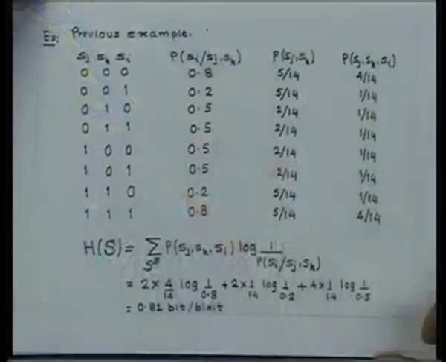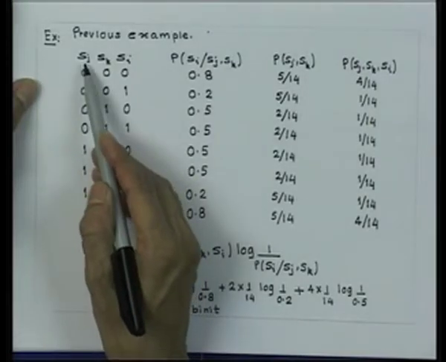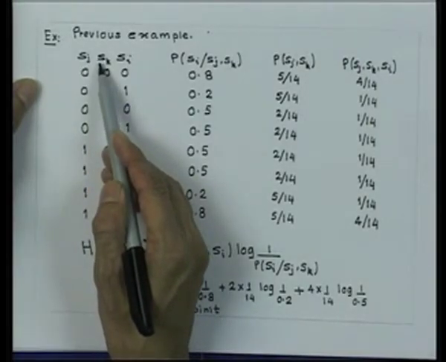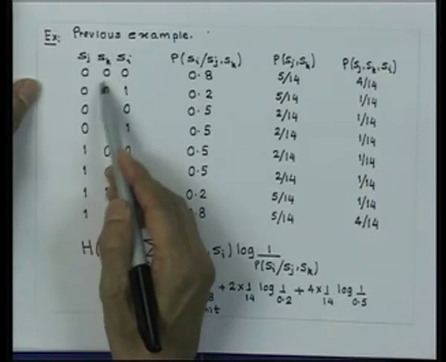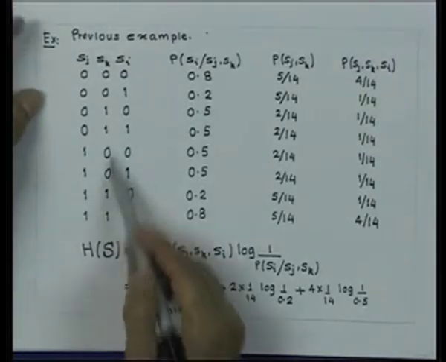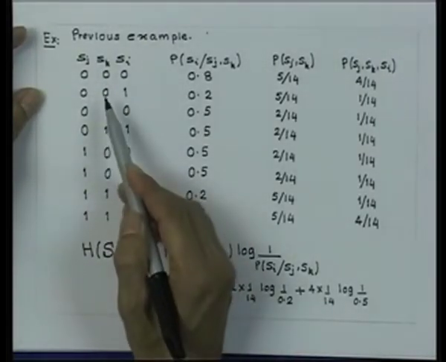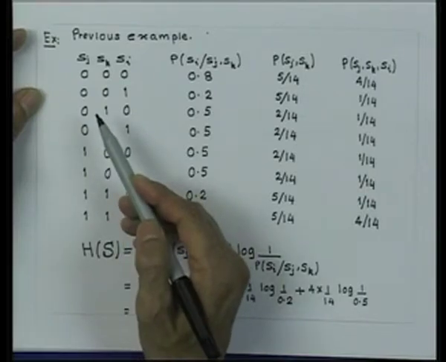so this is the previous example which I have. Let us try to understand what I have written here. So, Sj Sk denotes the particular state. I have 4 states: 00, 01, 10, 11, these are the 4 states which I have, and in each state the source can emit either 0 or 1.